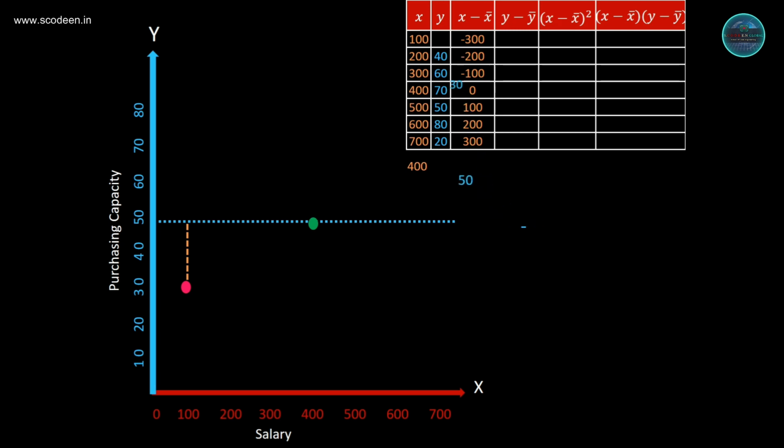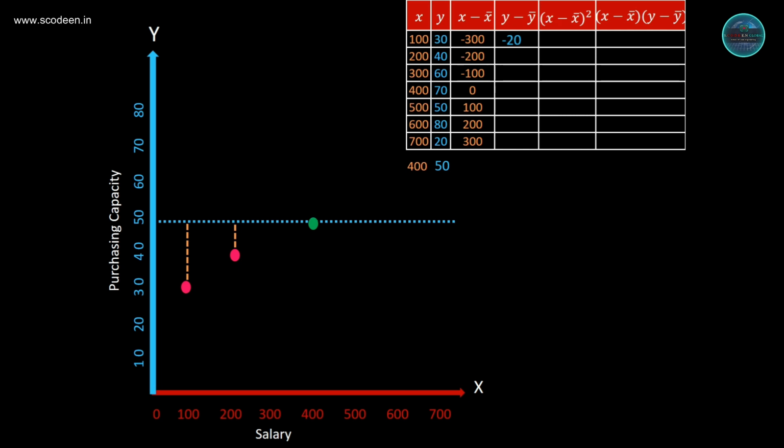So 30 minus 50 is equal to negative 20. So y minus y bar represents the error of the y-axis, that is negative 20.